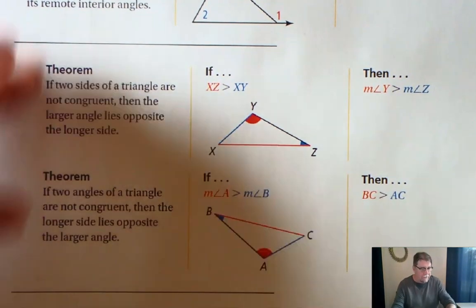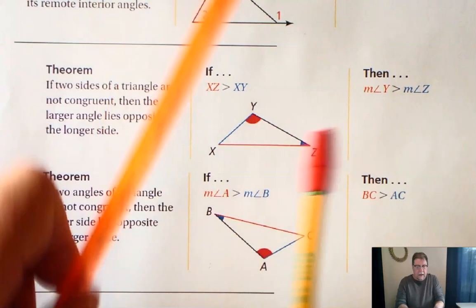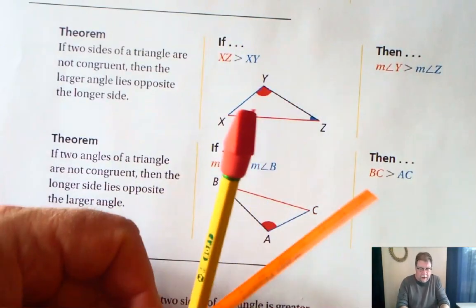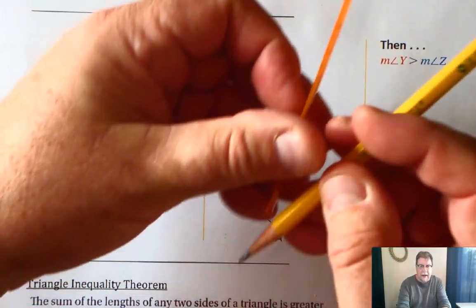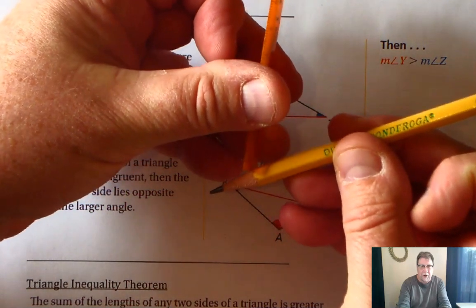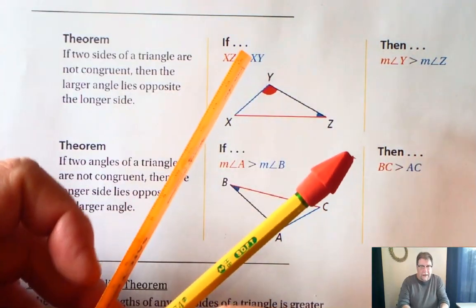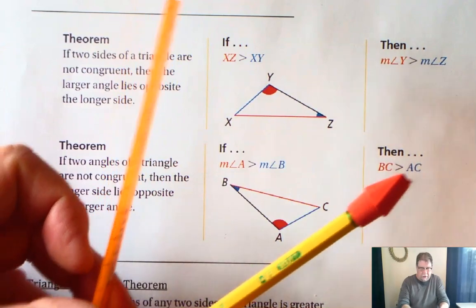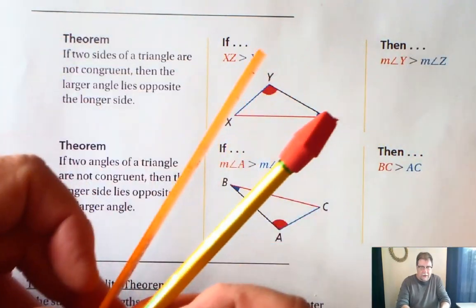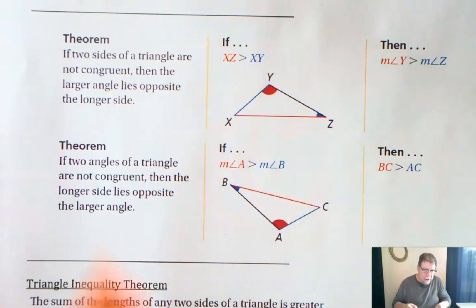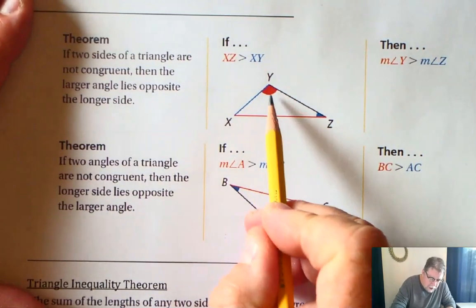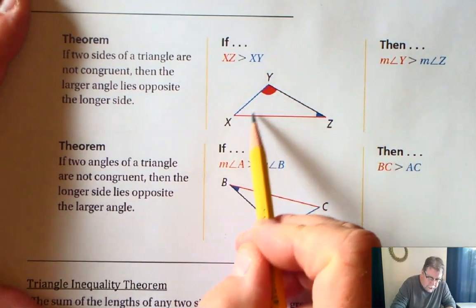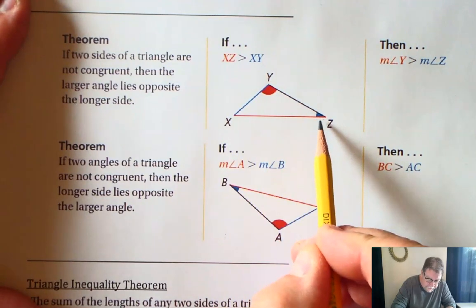Think about it: if I have two angles here and I make this angle larger, then what's going to happen at the ends is the side has to get larger. The smaller the angle, the shorter the opposite side. So the larger angle represents the larger side opposite it.